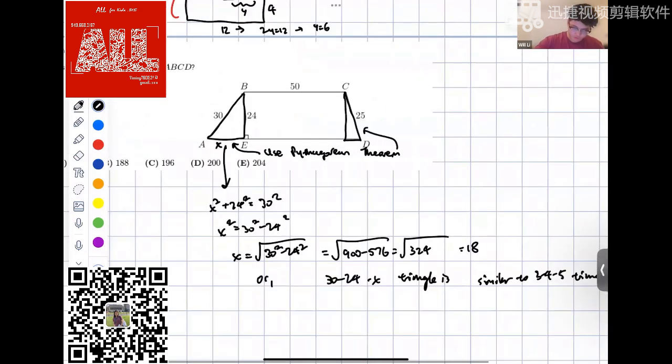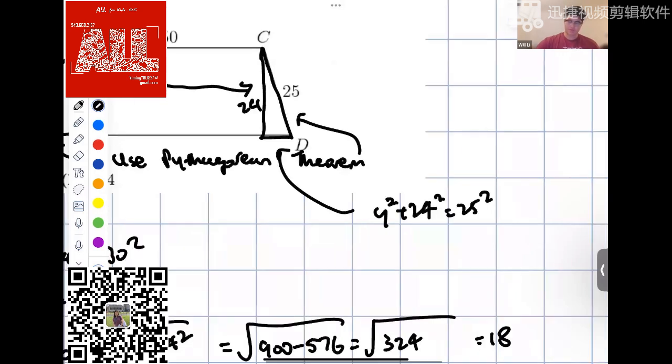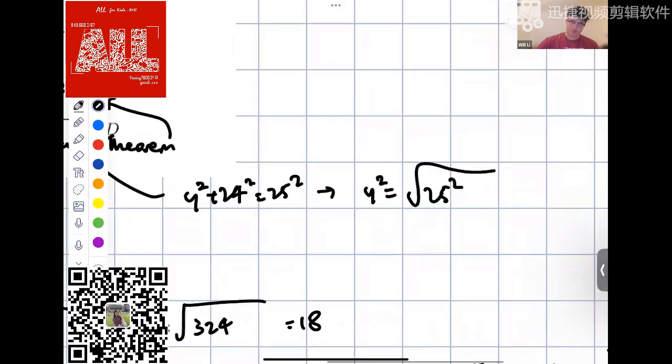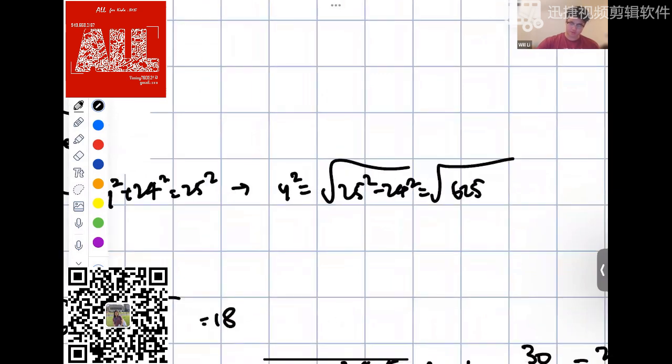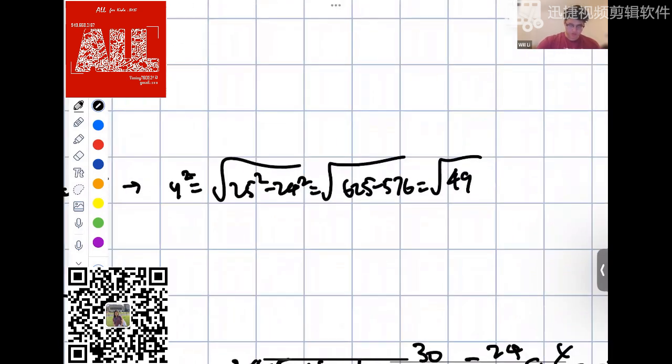For this one, you know that this 24 has to transfer over, and then you can have y. Y squared plus 24 squared equals 25 squared. So y equals the square root of 25 squared minus 24 squared, which is 625 minus 576, or the square root of 49, which is 7.